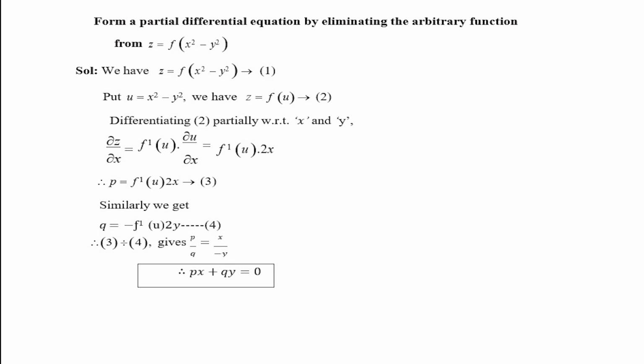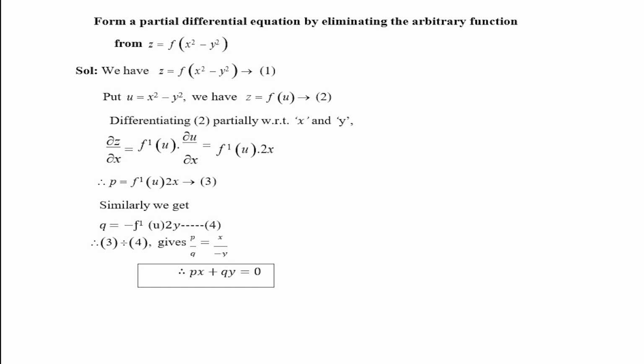Differentiating equation number 2 partially with respect to x, we get ∂z/∂x equal to f dash of u into ∂u/∂x. This is equal to f dash of u, where ∂u/∂x is 2x. And then ∂z/∂x is equal to p. So p equal to f dash of u into 2x.